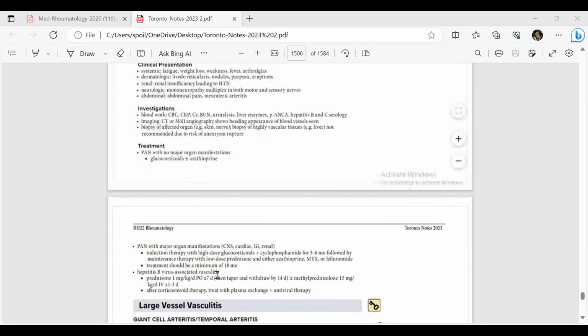For hepatitis B or virus associated vasculitis, we will give prednisolone with or without methylprednisolone, and after corticosteroid therapy, we will treat with plasma exchange and antiviral. If there is hepatitis B, then we will give the antiviral as well.